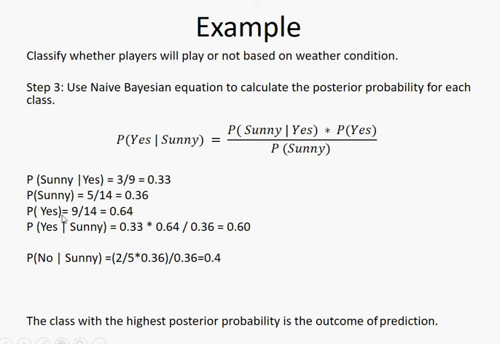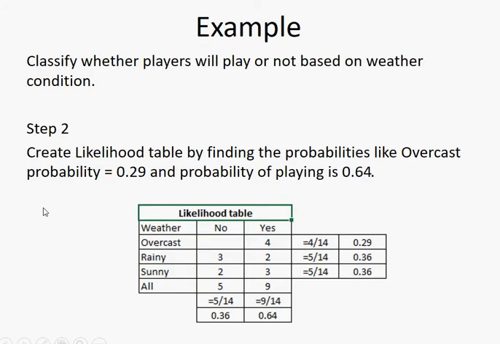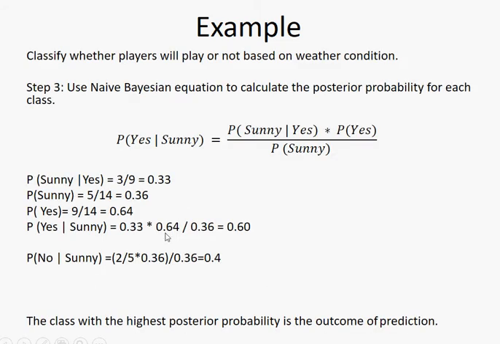Then the probability of yes, playing, is this value here, all the times they played over the 14 days. And then we put all that in the formula and calculate that the probability of playing when it's sunny is 60%.